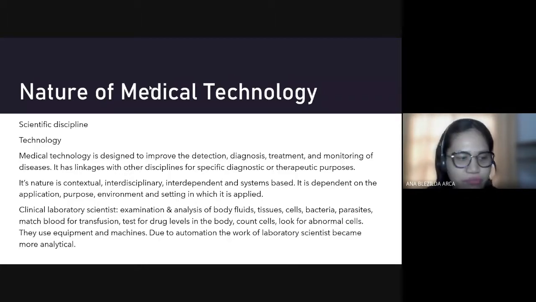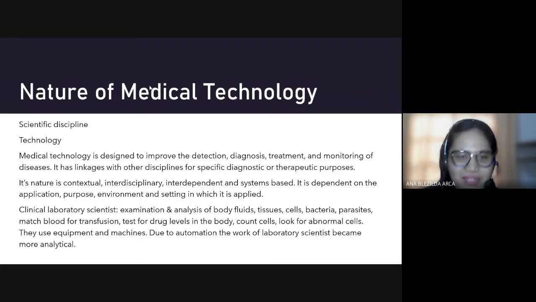Kasi nga naman, of course, kunyari, meron kang pasyente, lagi siyang nahihilo. Hindi naman basta-basta na pwedeng sabihin ng doktor na, you are diabetic, di ba? There must be some laboratory test to prove that the patient is really diabetic before the doctor is going to give medications to control the diabetes or insulin, di ba? Hindi naman basta na, nahihilo ka, magturo ka na ng insulin dyan. Hindi, di ba?